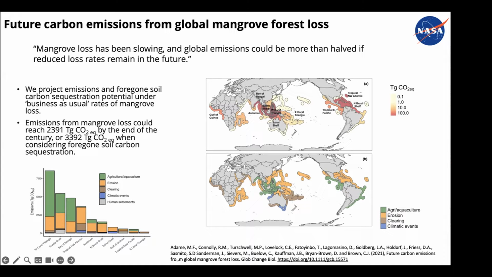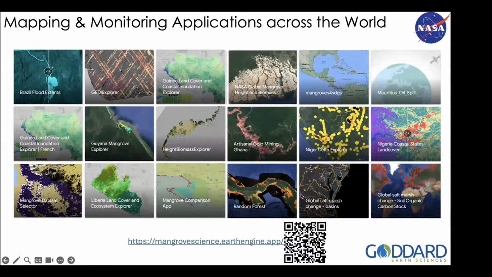But we also have been working on producing apps so that it could be easy for visualization. So here I have a link. I'm happy to share it some more, but it's quite simple: mangrovescience.earthengine.app. If you go to this link, you will see that there's a suite of web mapping apps that highlight different applications that can be useful, especially for people who might not be experts in the remote sensing space.